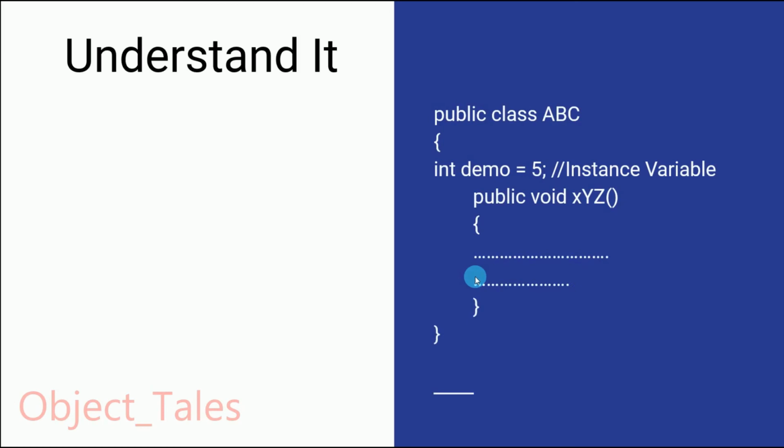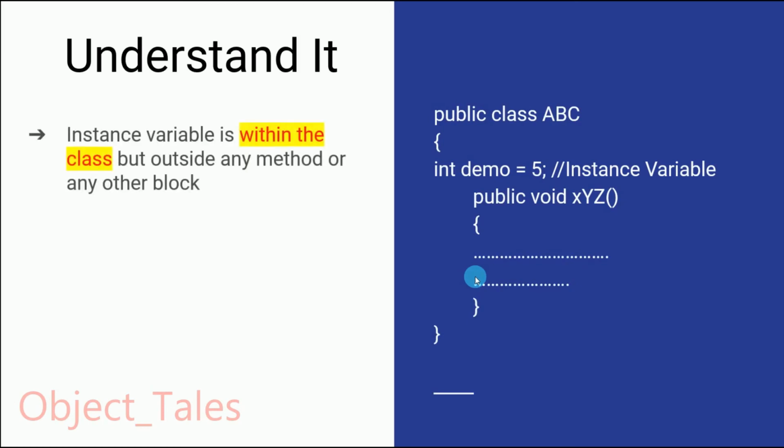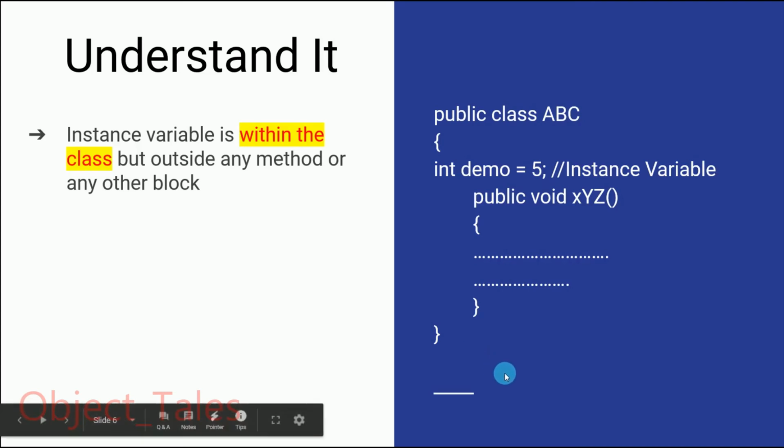As you can see, the instance variable is within the class but outside any method or any other block. As you can see in the program itself, it is within the class, but it is outside the method xyz. Here it can be a constructor, here it can be a block or any other thing.